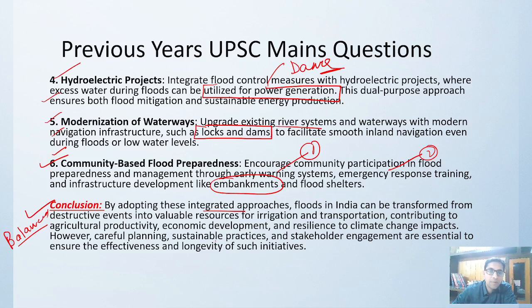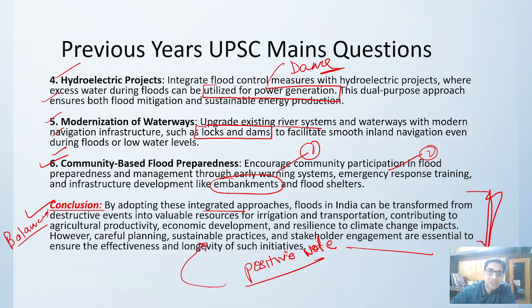However, careful planning, sustainable practices, and stakeholder engagement are essential. So here we have given a positive note with the help of stakeholder duties. We have chalked out everybody in this whole answer.